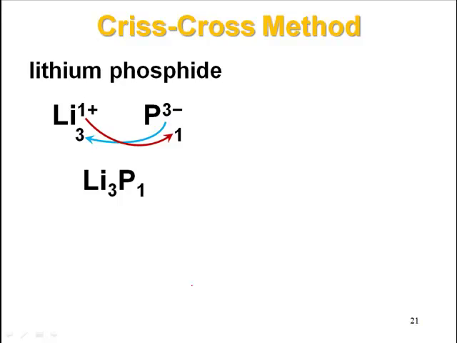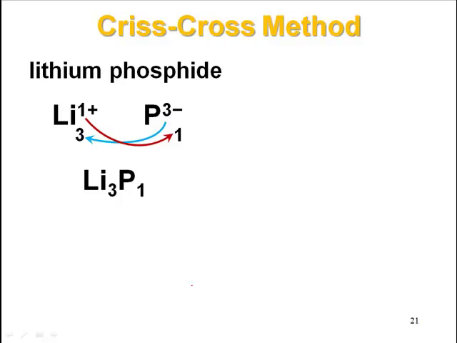The only time this will not work is if you get a ratio like 2 to 4 and you have to simplify it. So you might get something like lead-4 oxide. Here's an example of something that wouldn't work, but it's really not that hard. If you had lead-4, and oxide has a -2 charge because it's in group 6, it wants to gain 2 electrons.